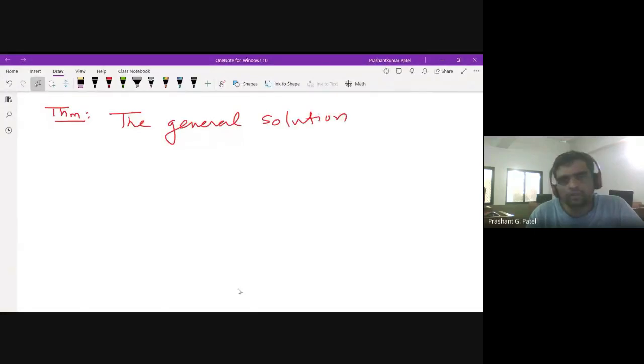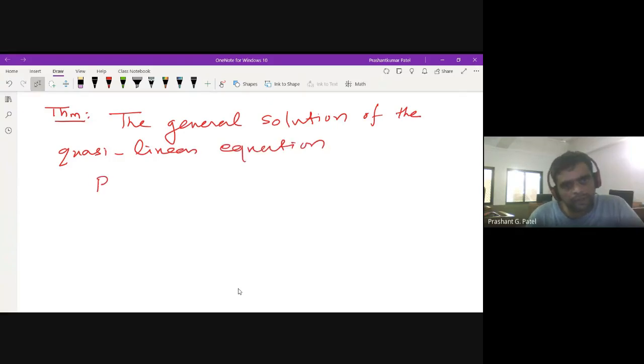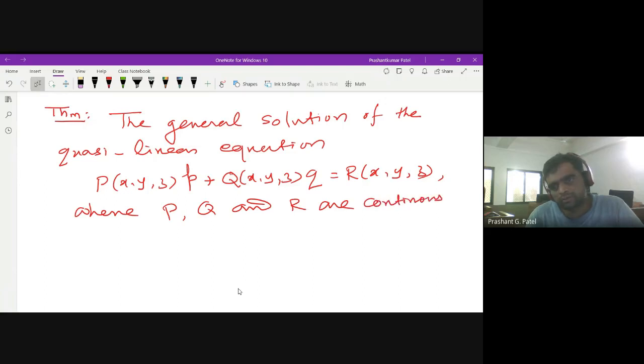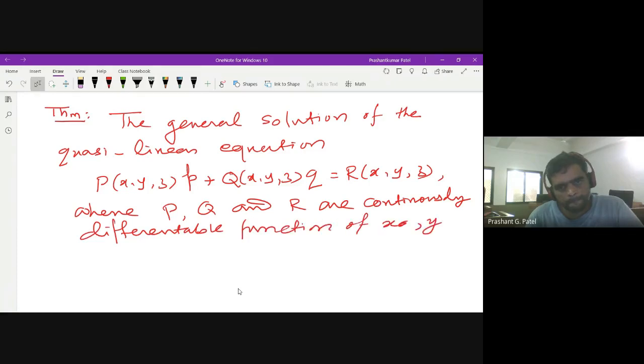Consider the quasi-linear equation capital P of x, y, z into small p plus Q of x, y, z into small q equal to R of x, y, z, where P, Q and R are continuously differentiable functions of x, y and z, and they do not vanish simultaneously.